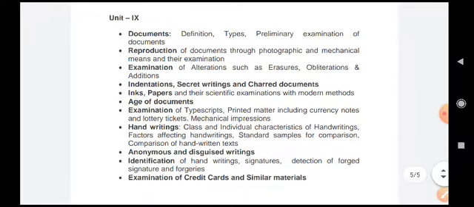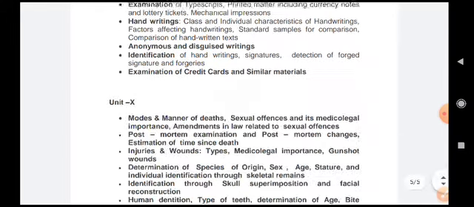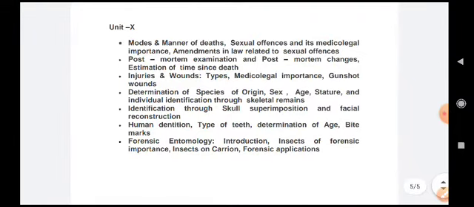Unit 9 is on questioned documents, so you can expect 10 to 12 questions from this unit itself. It is a very vast unit, so you need to cover each and every portion. Unit 10 is on forensic medicine and a small subunit on forensic terminology as well.